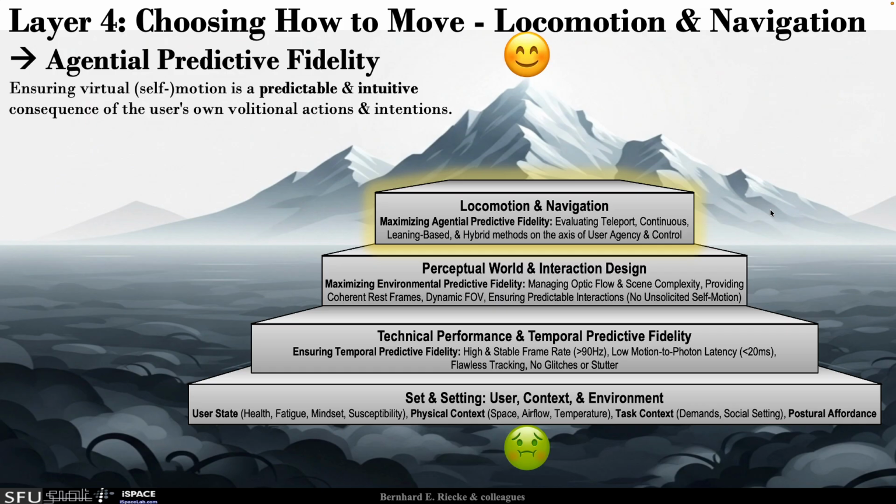This is really about choosing how you move. This is about locomotion, navigation, these aspects. And we could call this more agential predictive fidelity. So really ensuring that the virtual self-motion is predictable, intuitive, the consequence of your own volitional actions and interactions. So for example, in a leaning-based interface, if I move forward, I expect this to go in this direction and proportional to the amount.